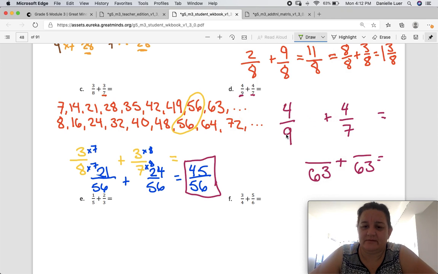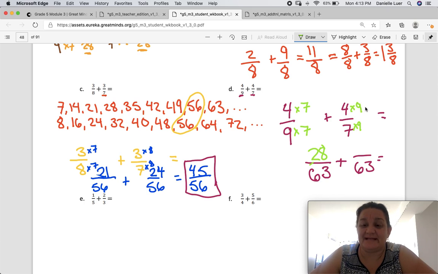multiply 9 times 7 and 4 times 7. Well, 9 times 7 is 63. And 4 times 7 is 28. Okay, and here I'm going to multiply by 9 and this by 9. So 7 times 9 is 63.